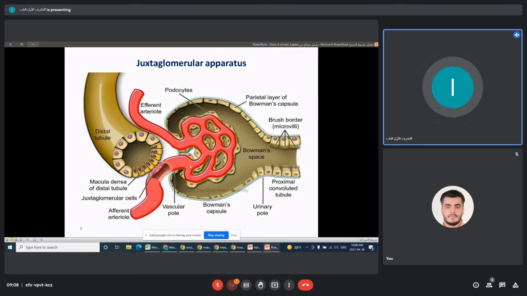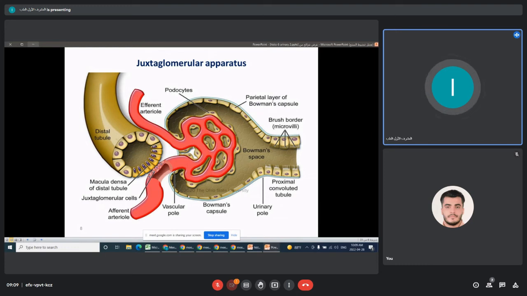So, if there is an elevated blood pressure, this means an increase in the capillary blood flow or blood pressure, and this will increase the glomerular filtration rate. A higher glomerular filtration rate means there is a higher concentration of luminal sodium and chloride.